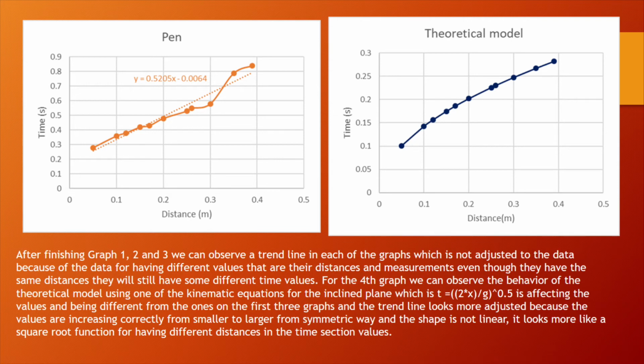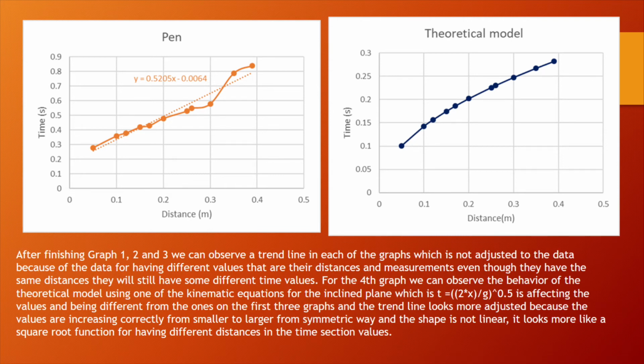Well, after finishing graphs 1, 2, and 3, we can observe a trend line in each of the graphs, which is not adjusted to the data because of the data having different values, their distances and measurements. Even though they have the same distances, they will still have some different time values.